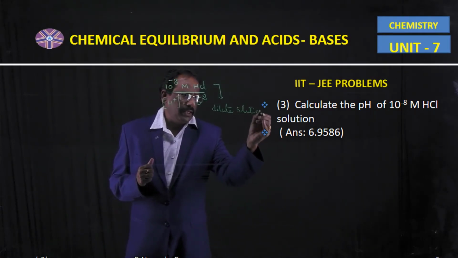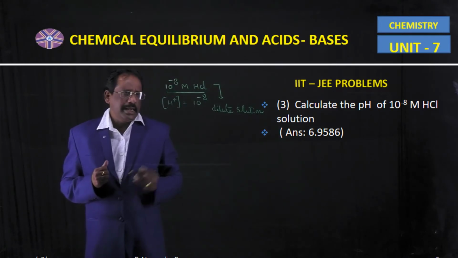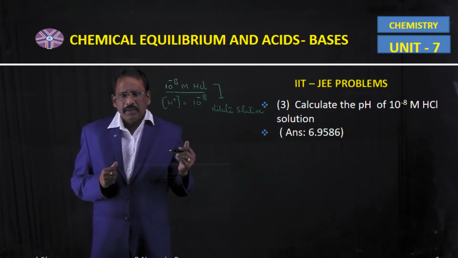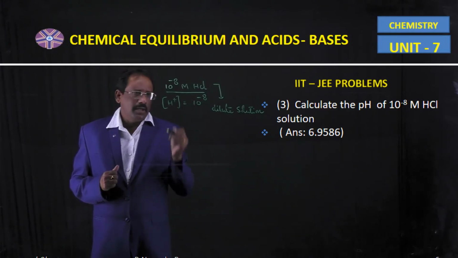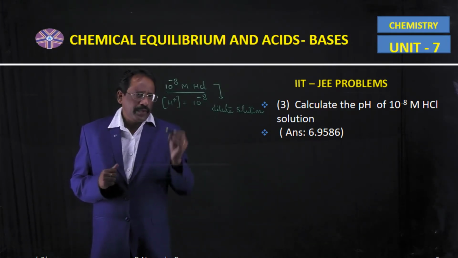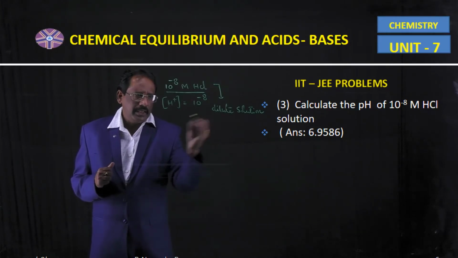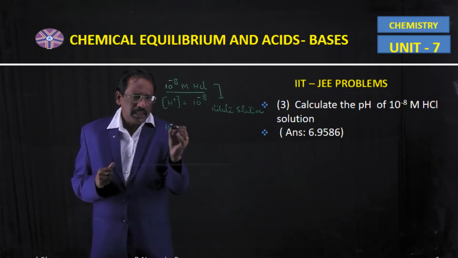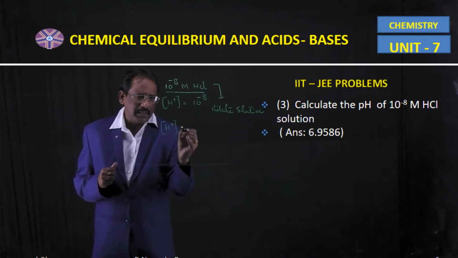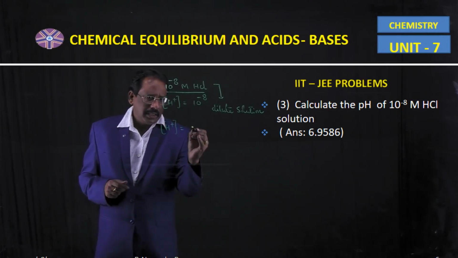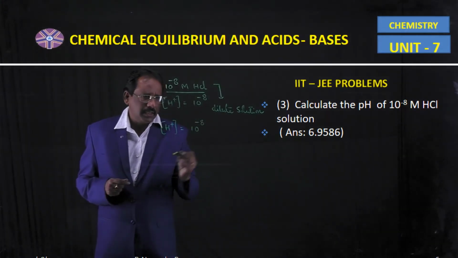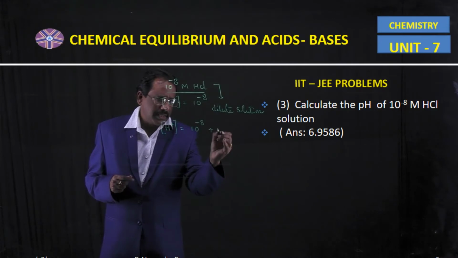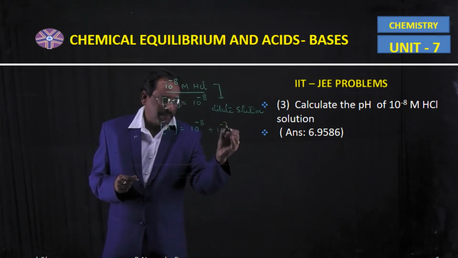So for very diluted solutions, add H plus ion active mass in water also. Therefore, for very diluted solutions, H plus ion active mass is equal to 10 power minus 8 plus 10 power minus 7.